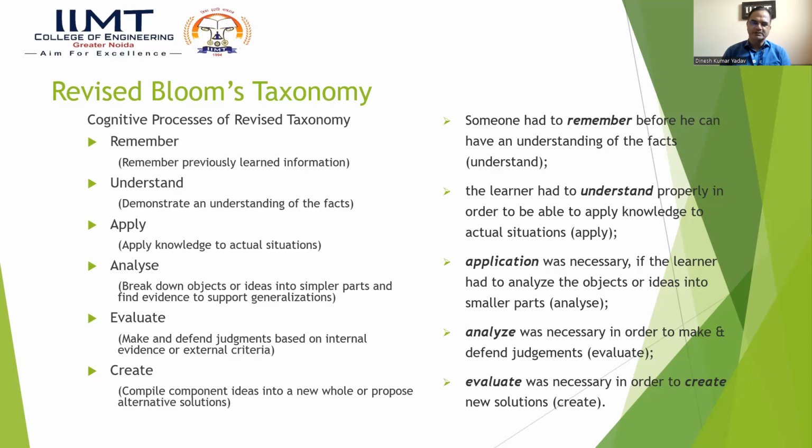But if we want him to go up to the understand cognitive process, then it is a must for him to understand how to convert a Boolean expression into a K-map, how to write a Boolean expression into a K-map or into a truth table, or how to transform the information available in a truth table onto a K-map or vice versa.